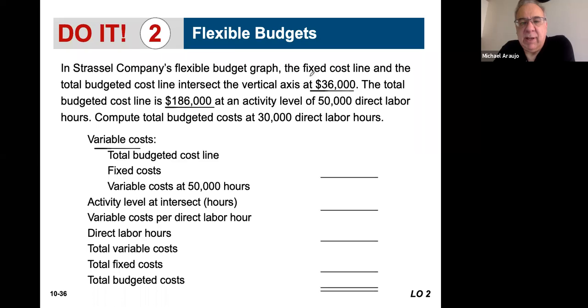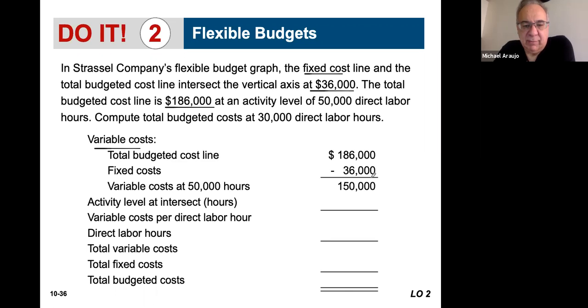So clearly the fixed costs are part of this, but the other part is variable. So that's what we have to focus on here. Fixed costs are actually the 36,000. So what are the variable costs?